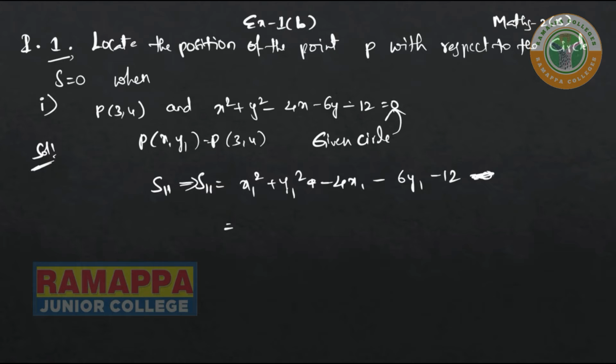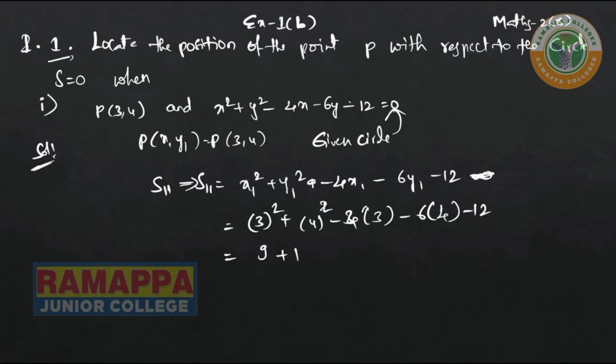So S11 becomes 3 whole square plus 4 whole square minus 4 into 3 minus 6 into 4 minus 12. That is 9 plus 16 minus 12 minus 24 minus 12.